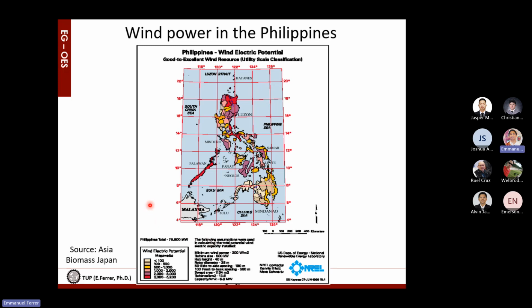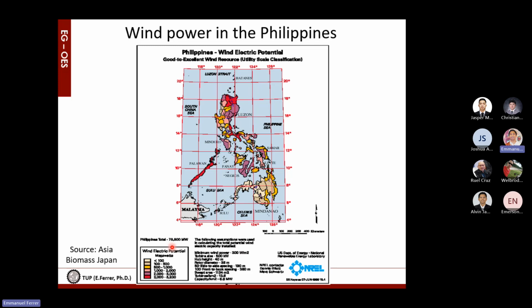So the following assumptions were used in calculating the potential wind electric capacity. So Philippines has a total of 78.8 gigawatts kung makabitan pa ng wind farm.